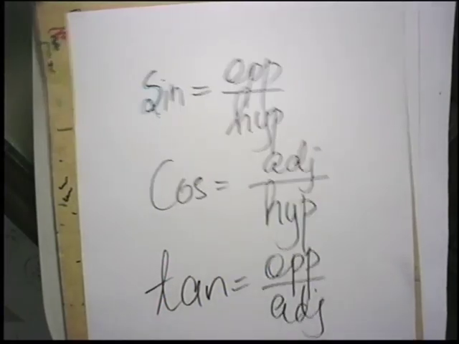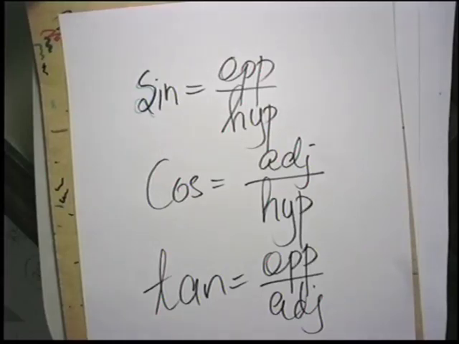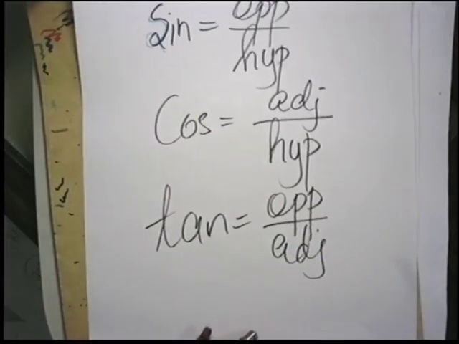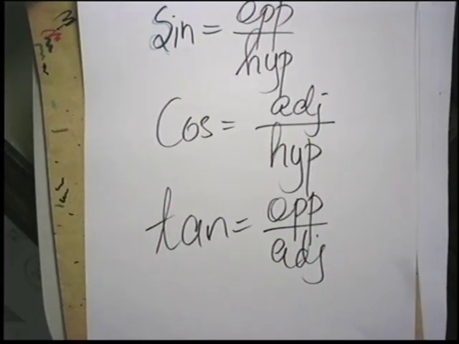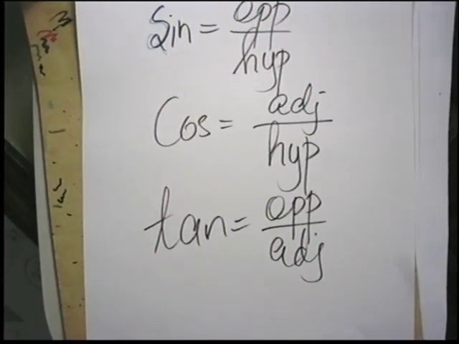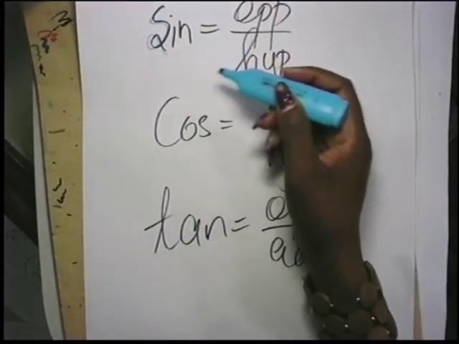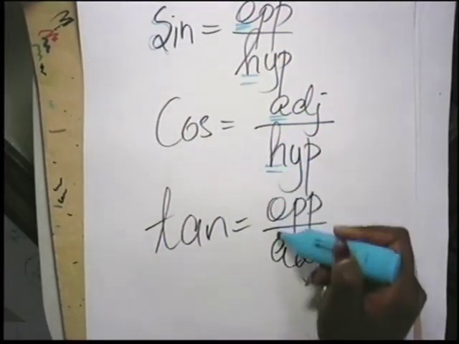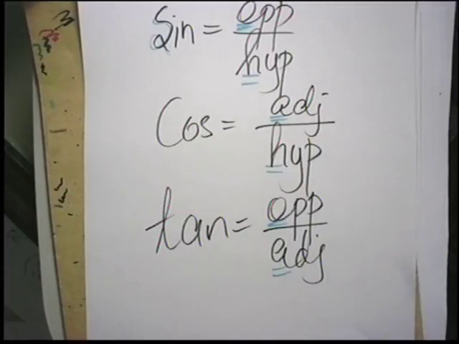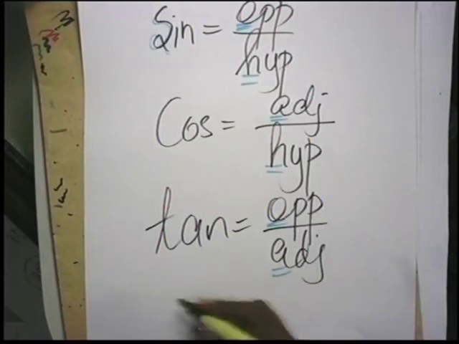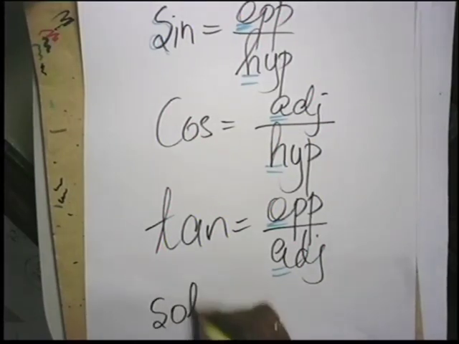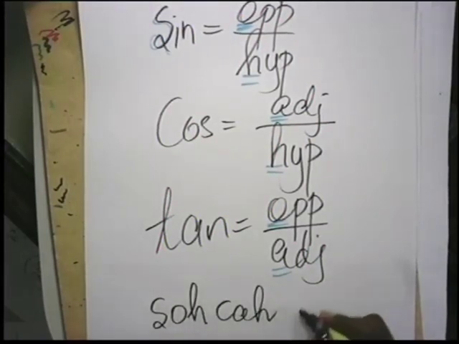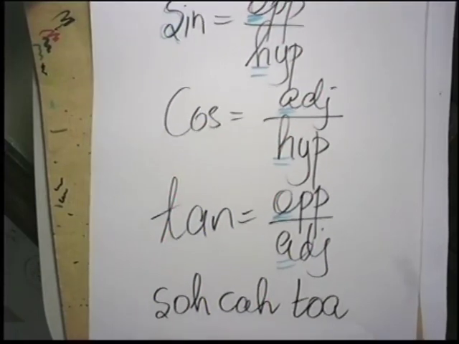What is the easier way for us to remember this? In the examination, as a teacher, you need to know them by heart. Sin will always be sin. We just look at the first letters, and we came up with an acronym that people use: SOH CAH TOA. Can you see that?